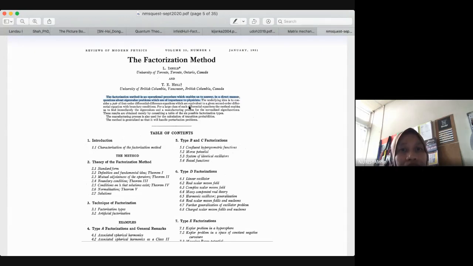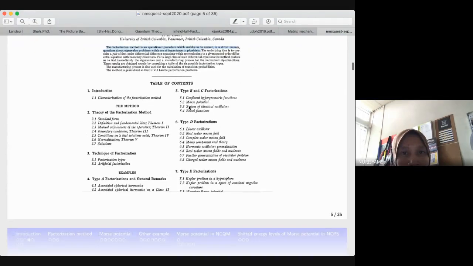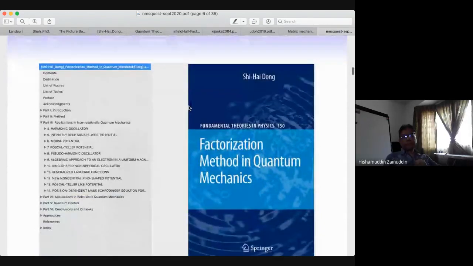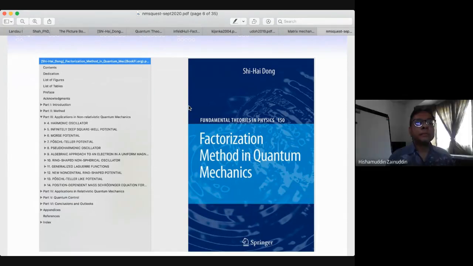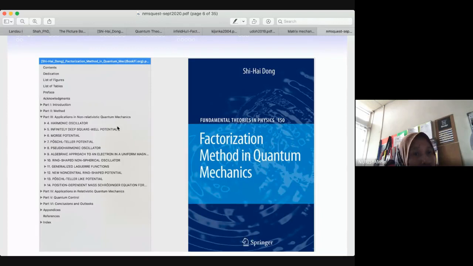All right. So these are the papers of Hull, and there's another good book on the factorization method in quantum mechanics by Shi Haidong, published by Springer. It's probably algebraic, and there are Lie algebra discussions in it.